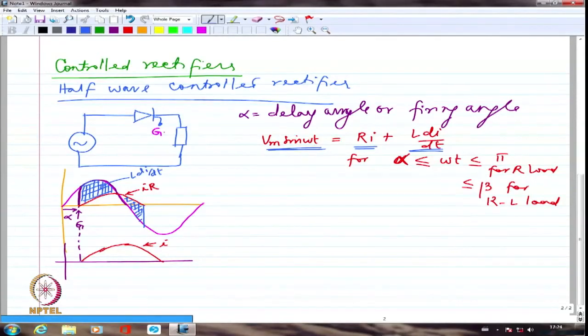So L di by dt happens to be negative because the inductance is now trying to give back its energy. Until di by dt was positive, inductance was storing the energy. Once it has reached the peak and Vm sin omega t equals IR, there is no more energy that can be given to inductance. So now inductance is switching in and trying to give back some energy.